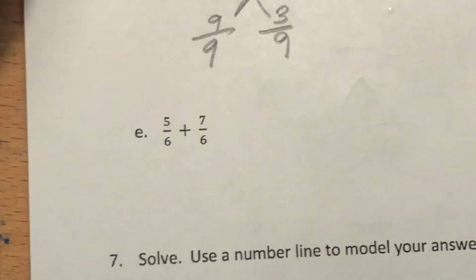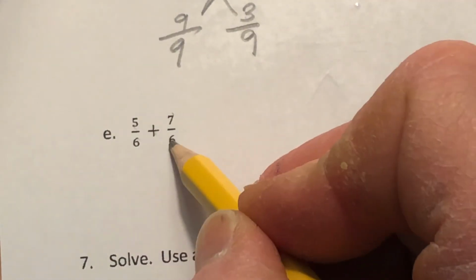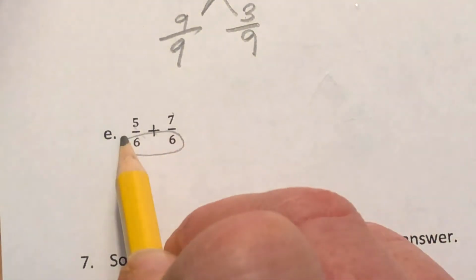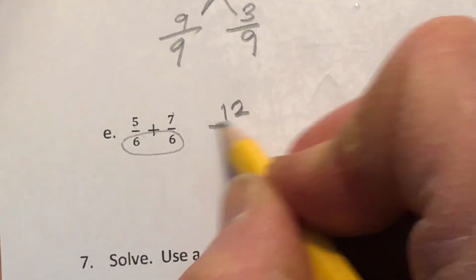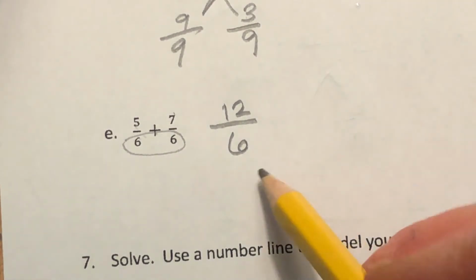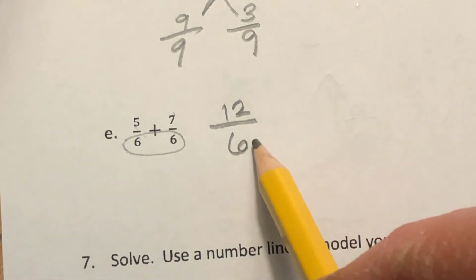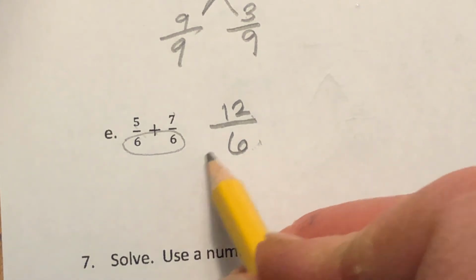Let's check this one out. 5 sixths plus 7 sixths. I'm dealing with the same denominator, so 5 plus 7, that's 12 sixths, right? So, how many sixths make 1? 6 sixths, right?